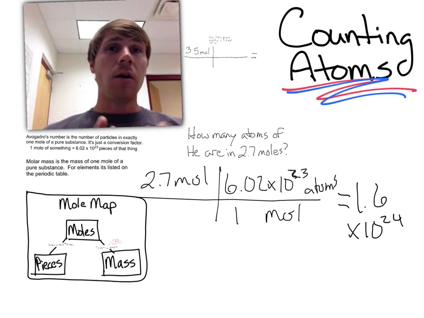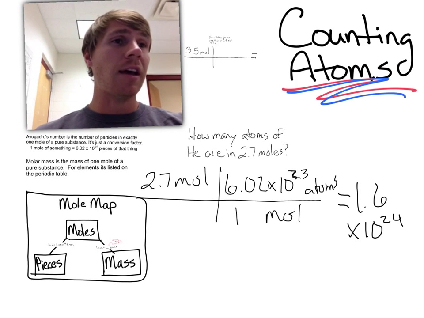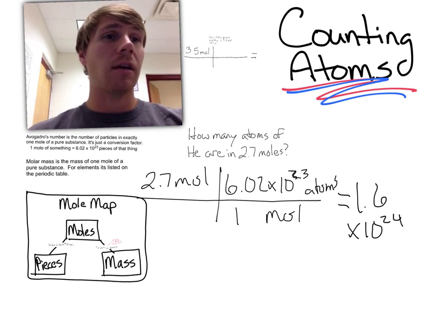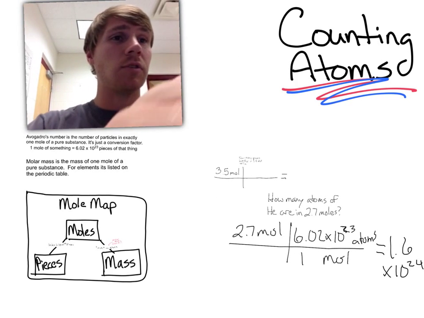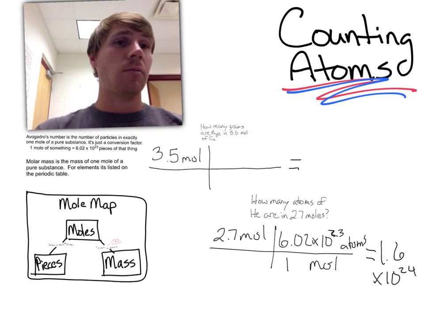Alright, so guys, all we're doing is just using different conversion factors the same way that we have before to figure out what we're talking about with atoms. Nothing's changed at all. So, here's our two examples. I'll make them bigger so you can see them. But this is what we're going to practice, and we're going to get really good at this.